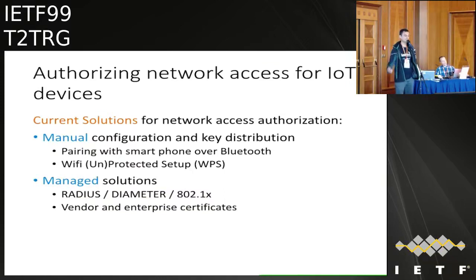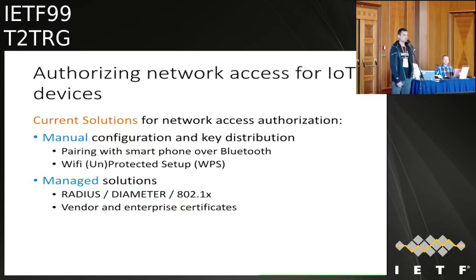This might be through first pairing it over Bluetooth, through NFC, or what some would call Wi-Fi unprotected setup, where I press two buttons at the same time. The other category is the managed solutions, which use 802.1x port-based authentication, and this requires you to have a back-end AAA server and certificates installed on all your devices.